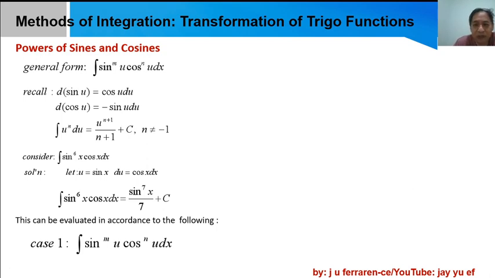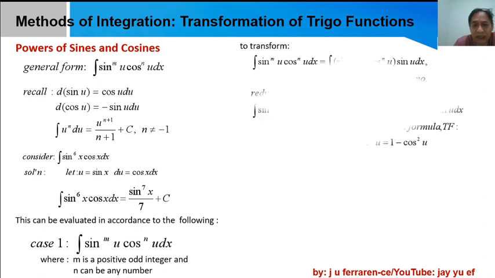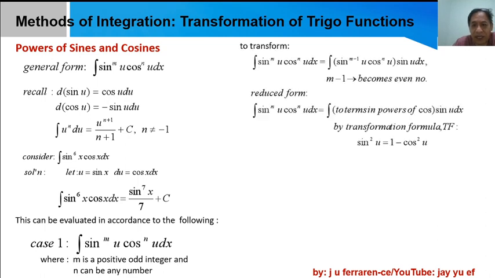So, transforming in general terms, if there is a general form following that case where our m is odd, we can convert that odd power to even by removing a factor of sine u together with a dx. So this is now an even exponent, by reducing with 1, m minus 1 becomes an even power from originally odd.